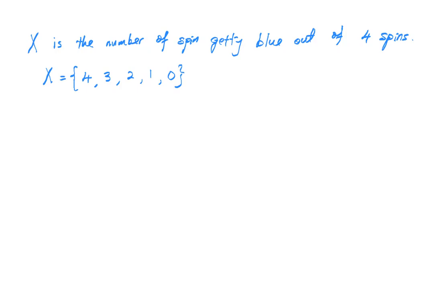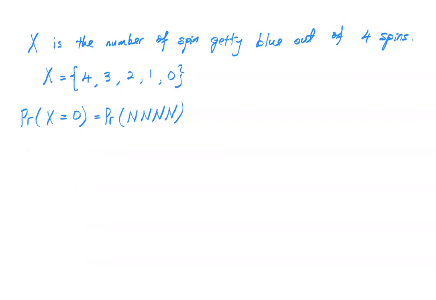So how am I going to get the probability when x equal to 0? That means what is the outcome like? The first one is not blue. The second one also not blue. The third time also not blue. And the fourth time also not blue. So 0 blue. Am I right?